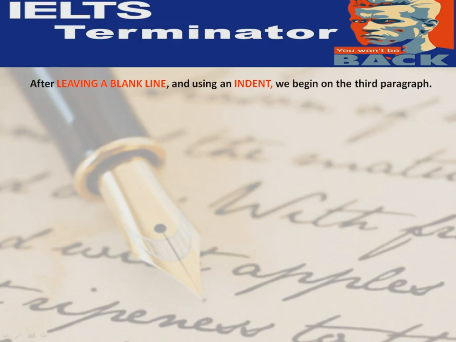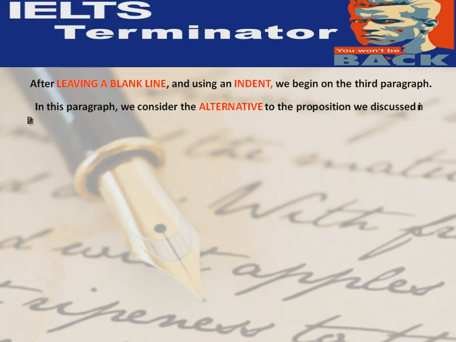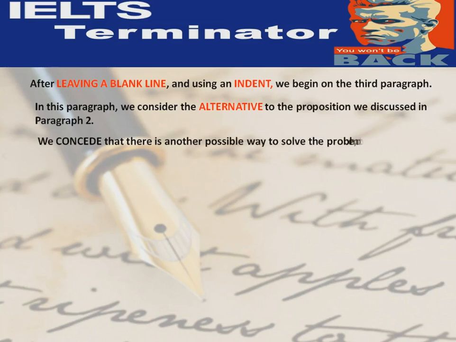After leaving a blank line and using an indent, we begin on the third paragraph. In this paragraph, we consider the alternative to the proposition in the question we discussed in paragraph 2. Remember, in paragraph 1, we restated the question and gave an indication of our opinion.